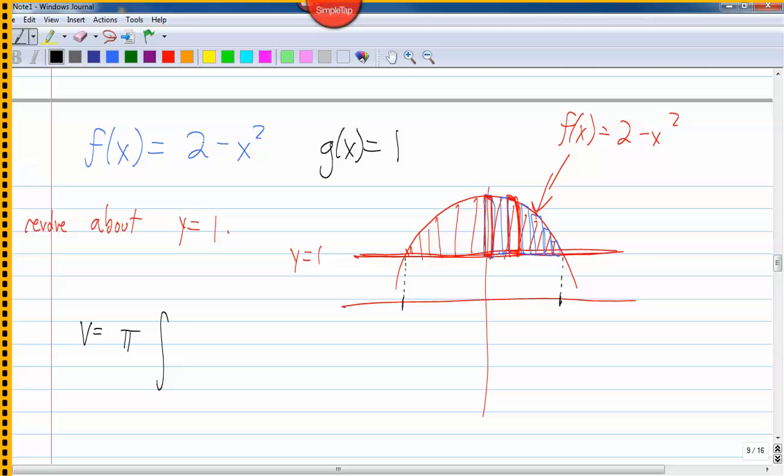So if I say 2 minus x squared equals 1, this is how I find the intersection points of the graph. So what is x squared? x squared equals 1. So what is x equal to? Take the square root of both sides, plus or minus 1. So negative 1, positive 1.